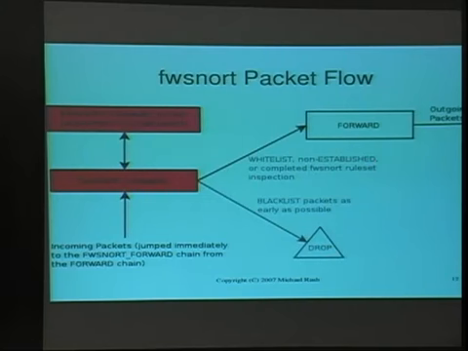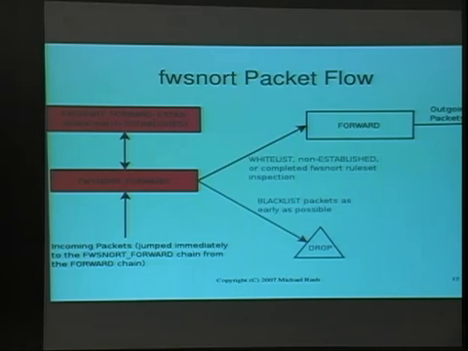So how does FWSnort interact with this? Well, in the forward chain, remember that this applies to packets that are to be forwarded through the system, so they never actually talk to a local socket. A packet comes in off an incoming interface. It is jumped immediately into the FWSnort forward chain, where three things then take place. First, whitelist comparisons are made.